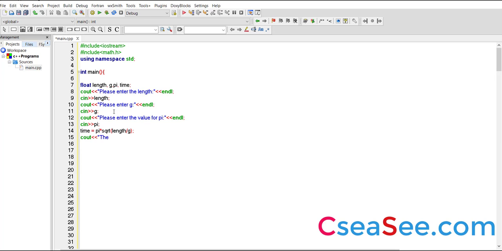So output is going to be the result is, or instead of saying result, I will just say t. T is equal to, I will give a space there, one tab space, and then I will publish the result. That's fine. So I'll return the value, return 0, and then I'll close the parenthesis.